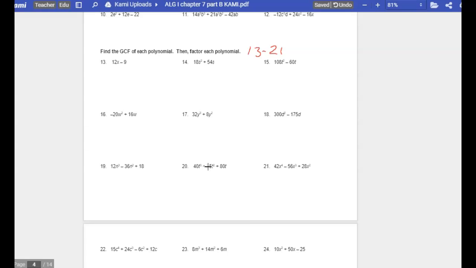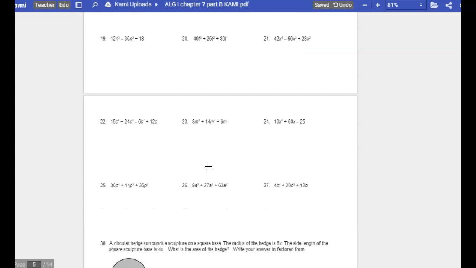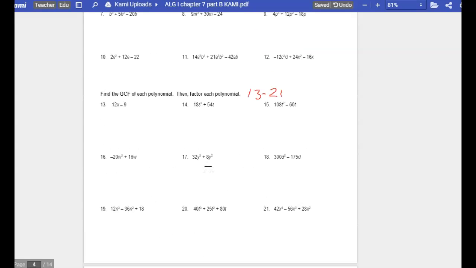Get them uploaded. Show your work. Okay, a couple more a little bit trickier, and there are big numbers here. Think about what numbers you can break down and do some GCFs to see what can go in there. So good luck. And if you have any questions, let me know.